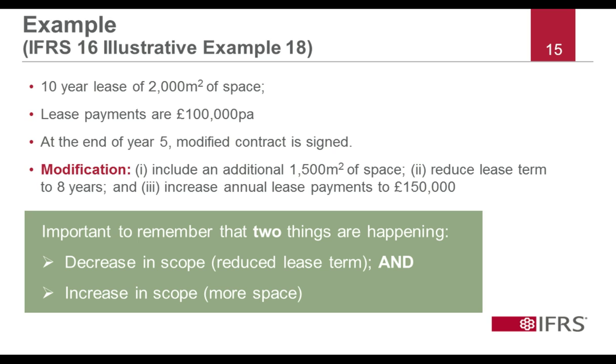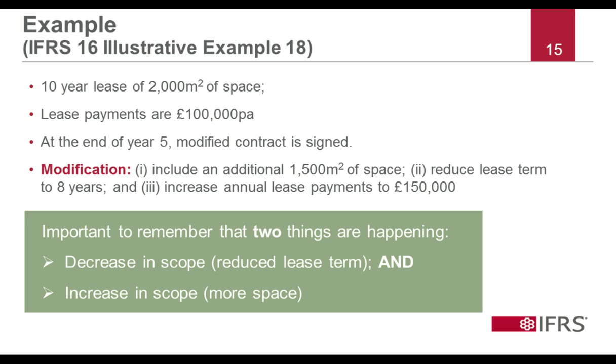Halfway through the lease, at the end of year 5, the lease is modified to add another 1,500 square metres of space, to reduce the total lease term from 10 years to 8 years, and finally to increase the annual lease payments to £150,000.